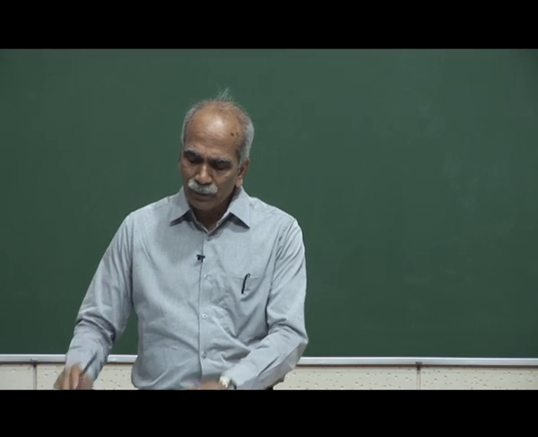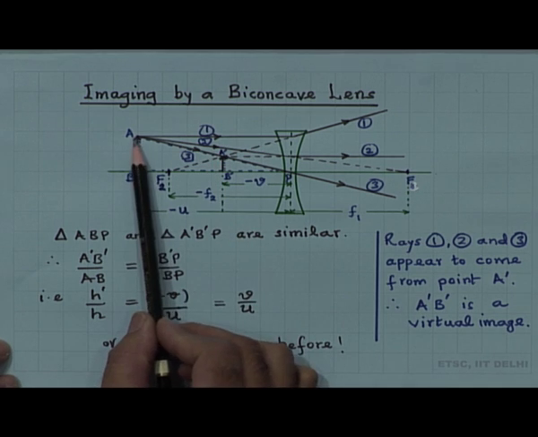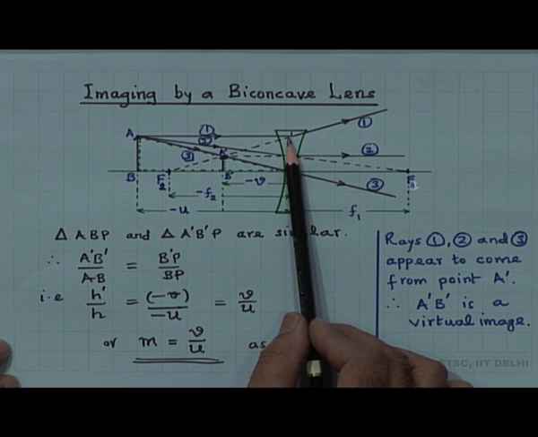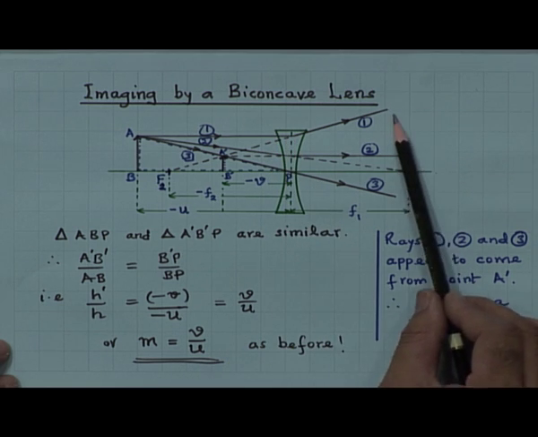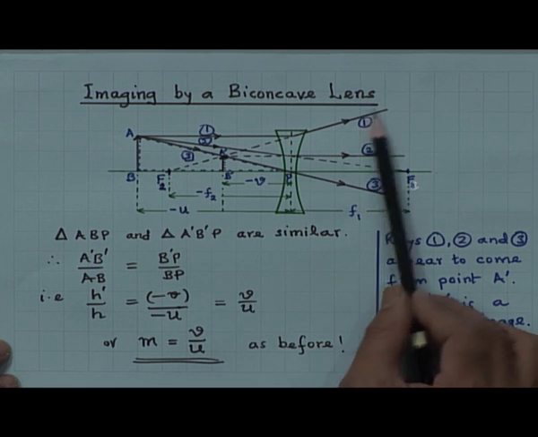Now, very quickly, let us see the formation of image for the case of a biconcave lens. I do not have to discuss, but you can see this very clearly that here is the object AB. Now, a parallel ray incident here will be diverging, it is a diverging lens, and appears to come from the first principal focus F2.